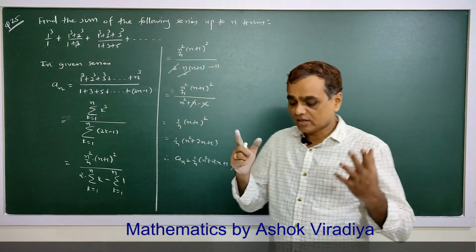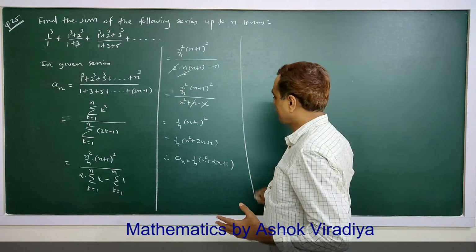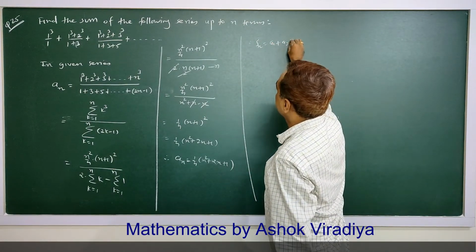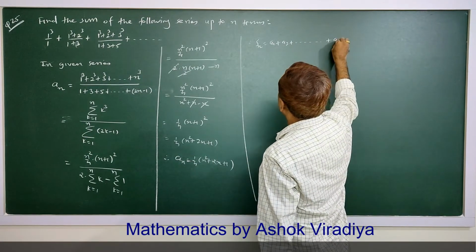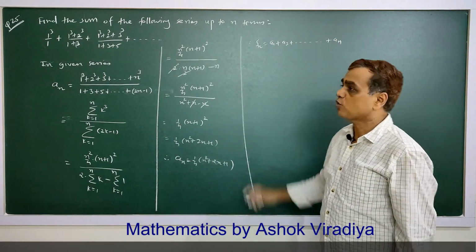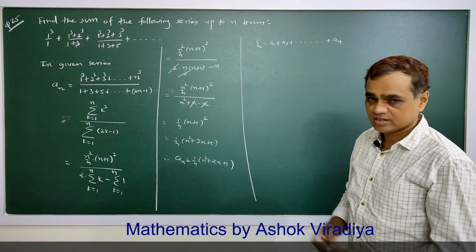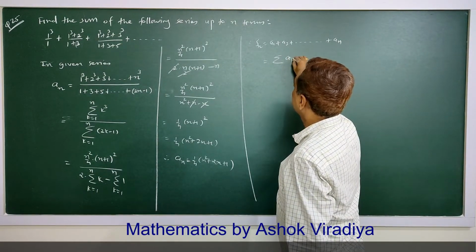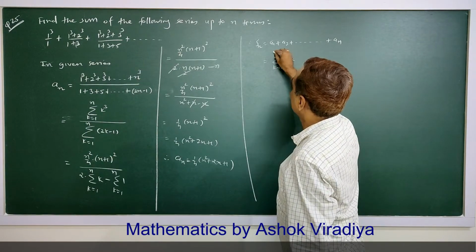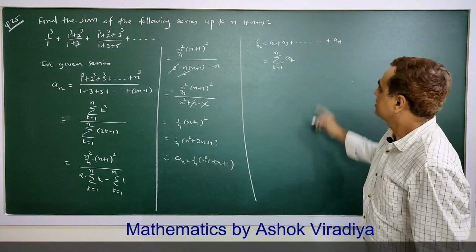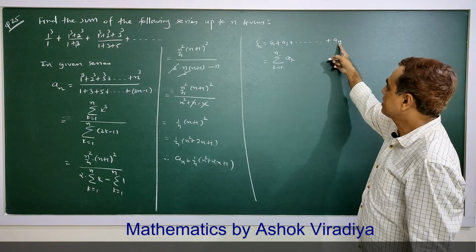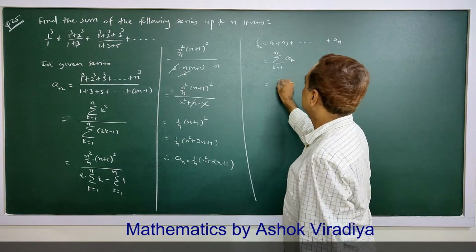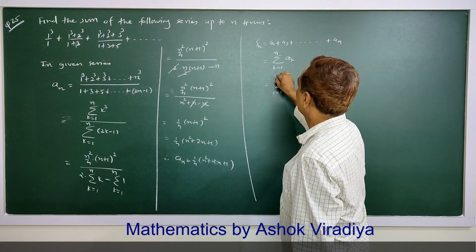So the required sum is Sn equal to a1 plus a2 plus up to an. We want the sum of n terms, that is, sigma ak, k equal to 1 to n. Here I replace n by k, so sigma k equal to 1 to n.